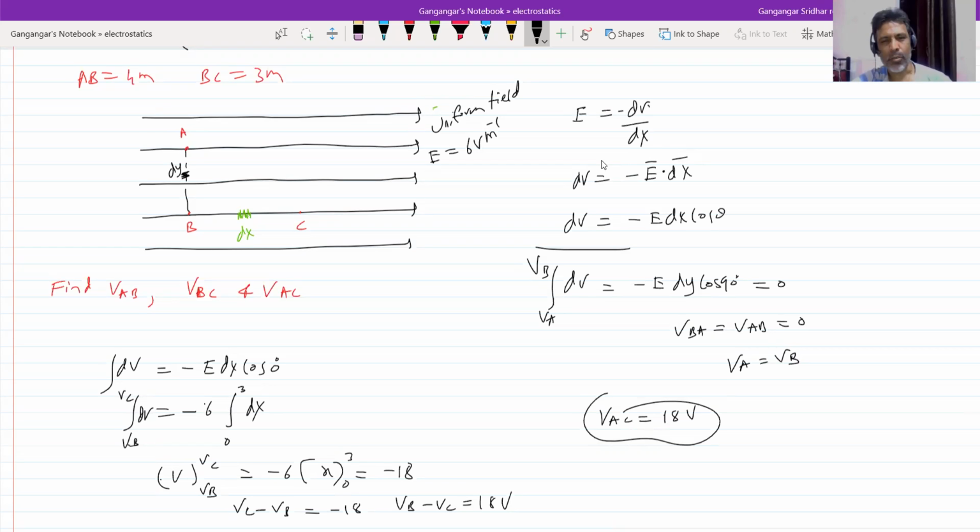So here, what is the conclusion? Simplest thing, if the field is uniform, how to calculate potential? I am going to give directly a generalized formula. Potential difference equal to E into distance. I'll write it in the corner.